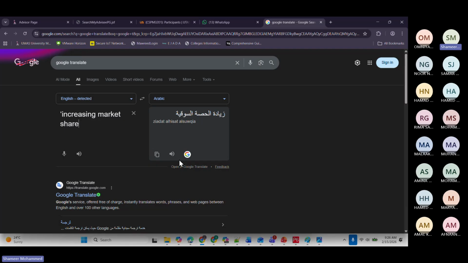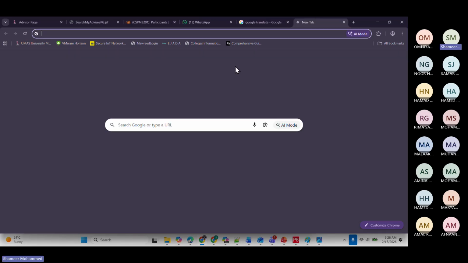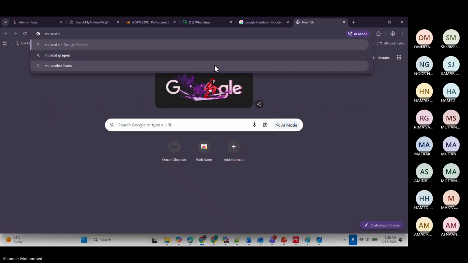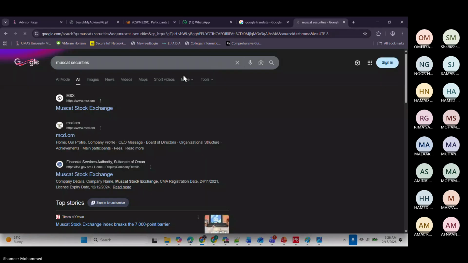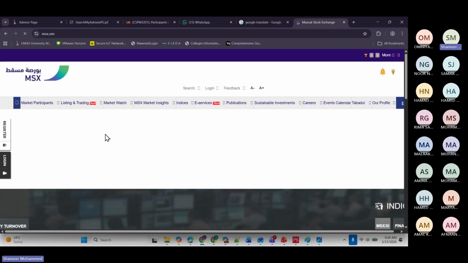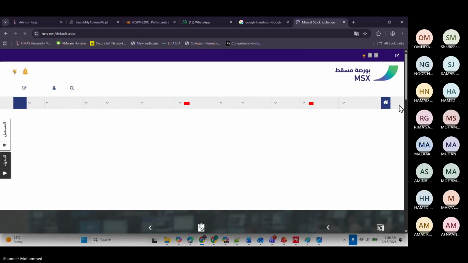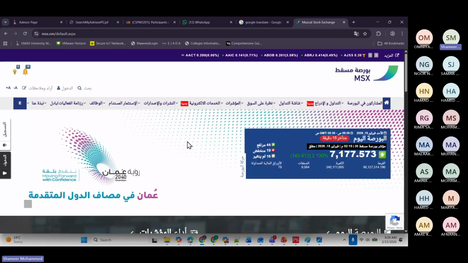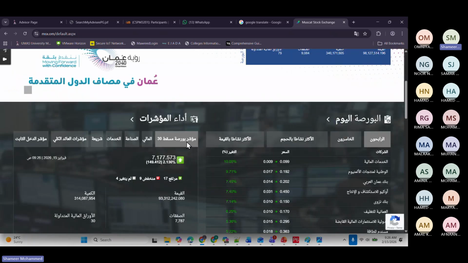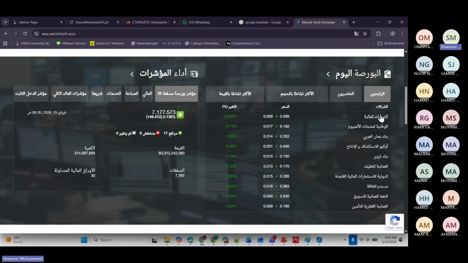Increase market share. Market share means this one. You know this one? This is in Arabic. So this is the share market. For a particular share, here you have the names of the companies.